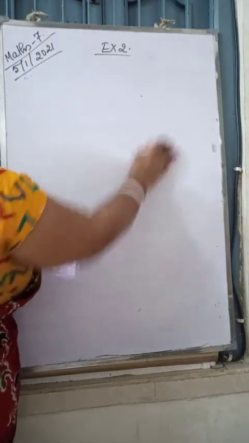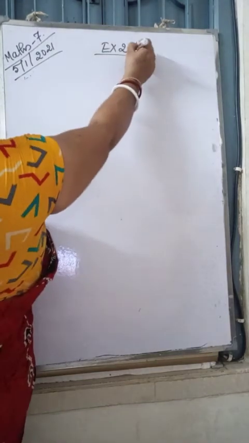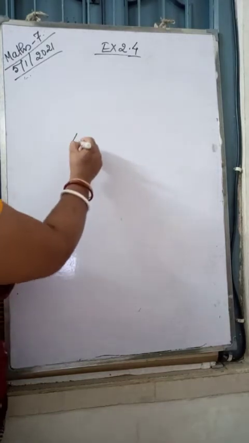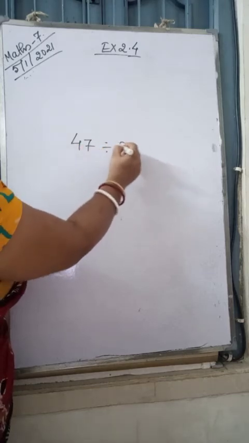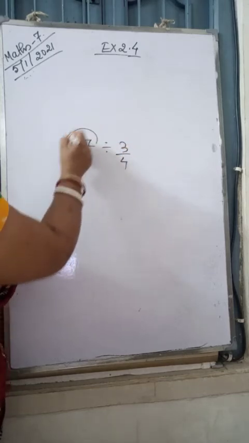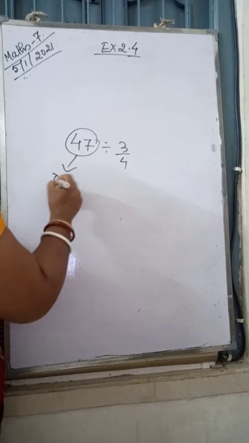Now, in exercise 2.4, we have to divide the fractions. So when we divide the fractions, the divisor, the number by which we are dividing the sum, is known as divisor. That changes into its reciprocal. Dividend remains as it is. As example, 47 divided by 3 by 4. Now this is known as dividend.